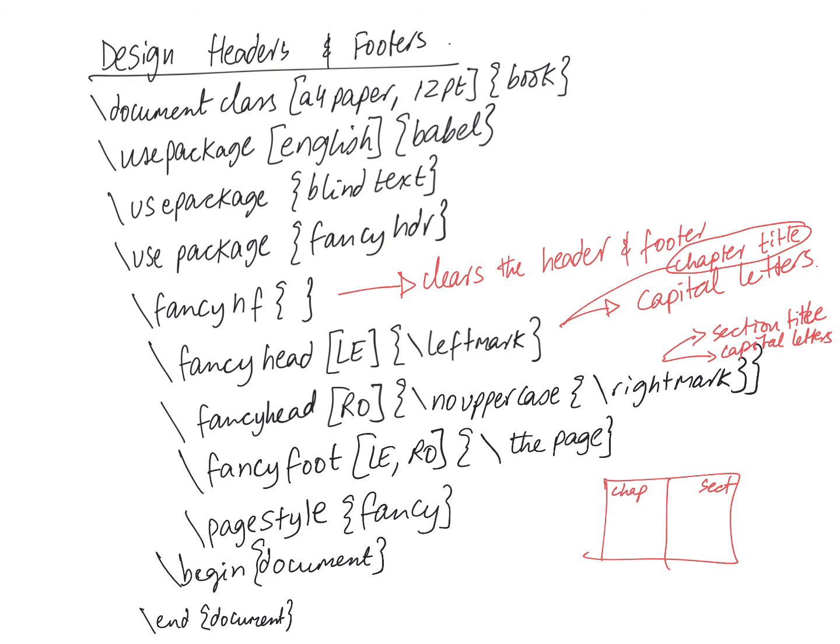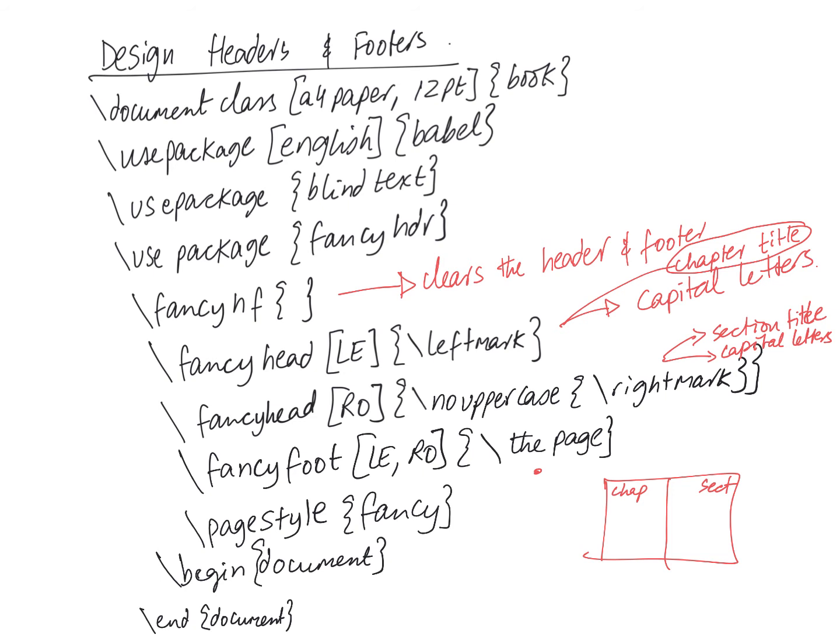And then we used fancyfoot to display the page number in the footer right here. And we used LE and RO that showed the page number on even as well as odd pages, and always on the outer side. Okay.